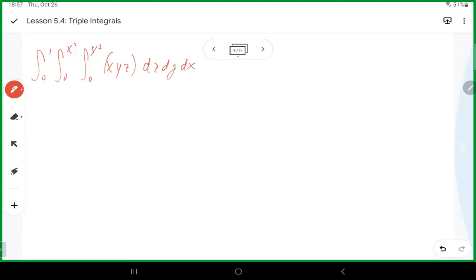We might end up with even more space. I don't know. So 0 to 1, 0 to x squared, and then you're going to have x, y, z squared over 2 from 0 to y squared, dy, dx.